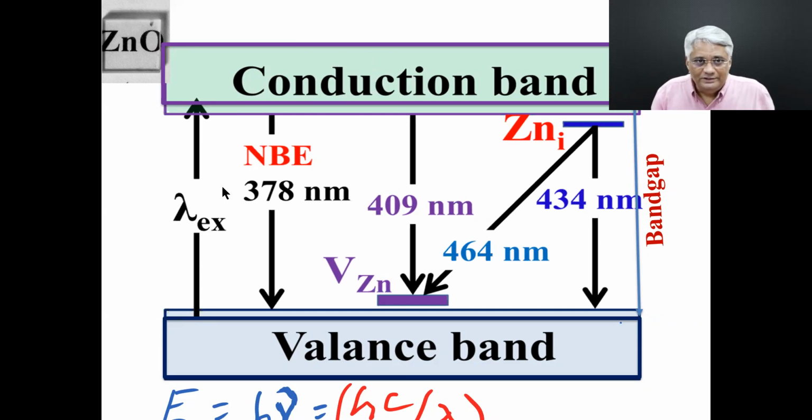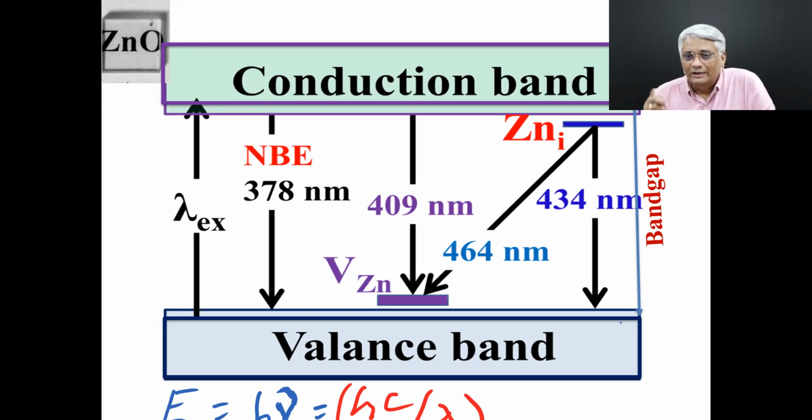And if this excitation happens with the aid of photons, so let's say the lattice absorbs photons, and then it kicks electrons from the valence to conduction band, and if these electrons are mobile in the conduction band.